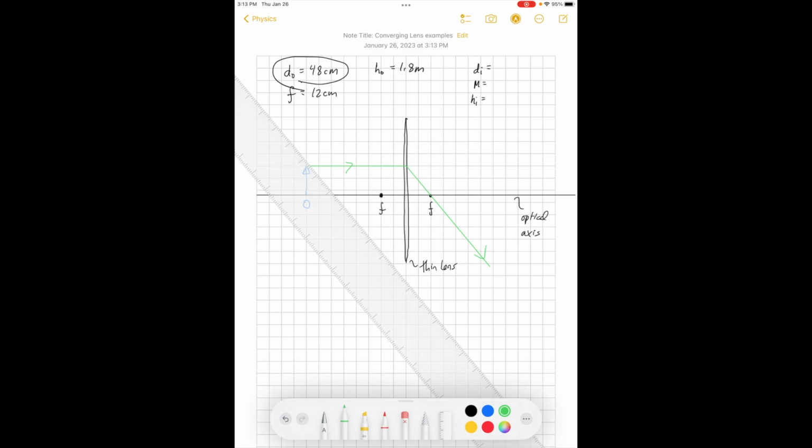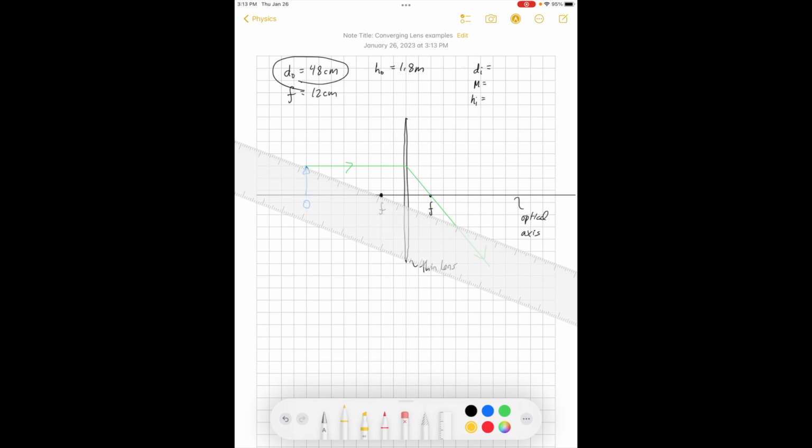Because that is the purpose of the converging lens, and the converging lens works the same way forwards and backwards, that means that if I send a light ray through the focus on the same side, it should have a similar sort of behavior. So if the ray goes through the focus on the same side, you just have to be a little careful with making sure that you have lined everything up as well as you can.